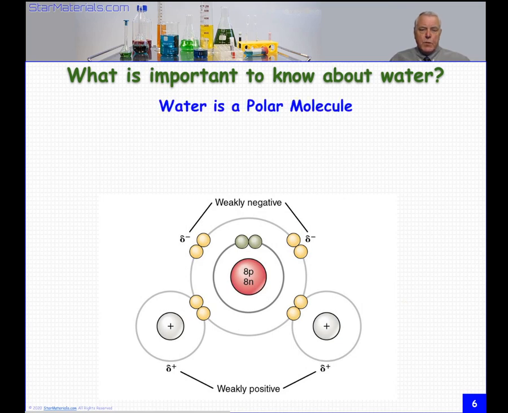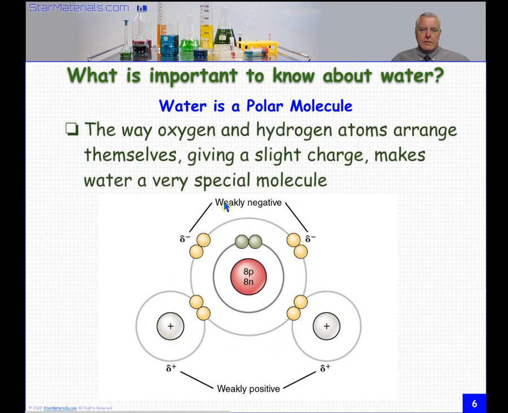Okay, here we go. Water is a polar molecule. Here's the hydrogen, here's the oxygen. But because of the way that the atoms share electrons, the way oxygen and hydrogen atoms arrange themselves, giving a slight charge, makes water a very special molecule.